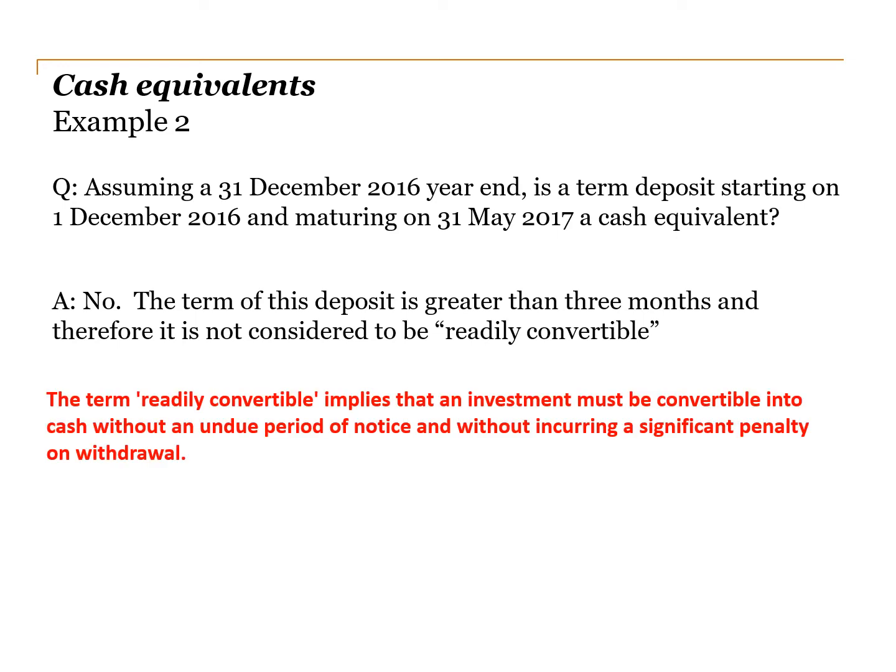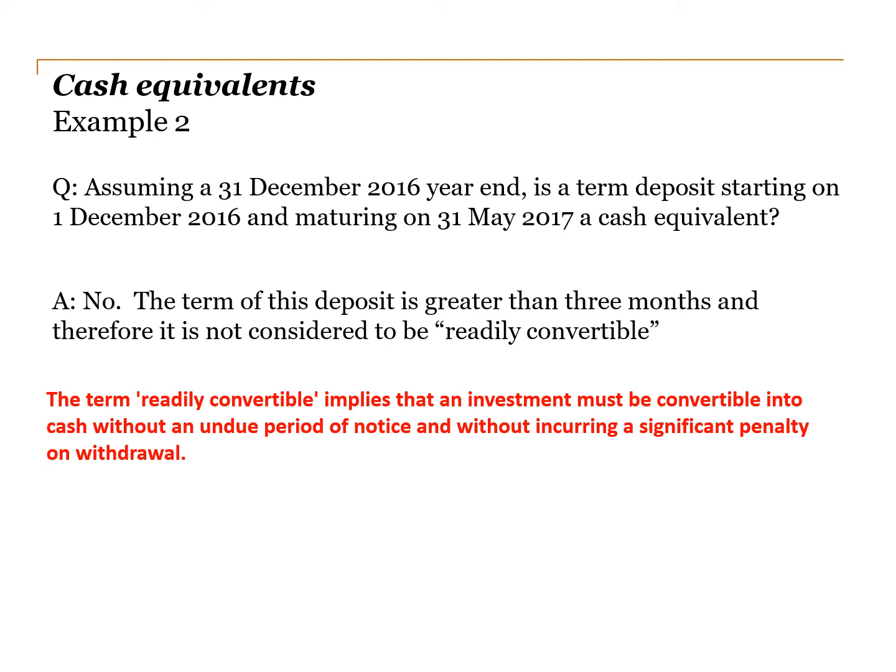The term readily convertible implies that an investment must be convertible into cash without an undue period of notice and without incurring a significant penalty on withdrawal. So for this term deposit, obviously, if you need to cash your money before maturity, you will need to pay significant penalties, and accordingly, you will not be able to classify this account as part of cash and cash equivalent.